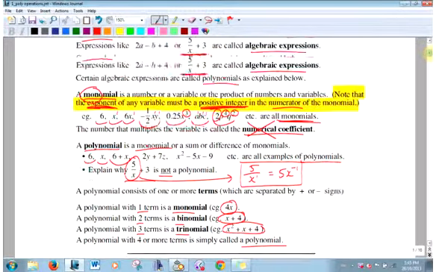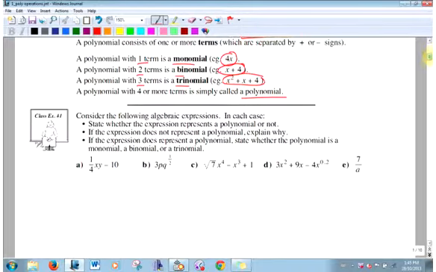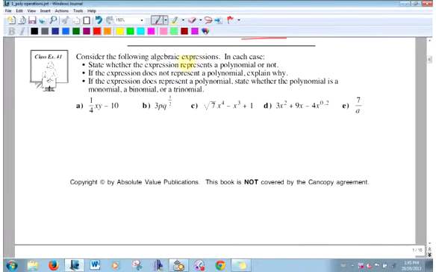Okay? So a bit of definition type stuff. Consider whether these expressions are, we got lots to do here. Pay attention. Okay? Is it a polynomial or not? Is this a polynomial? How do you know if it is or it isn't? If every exponent is positive when it's a numerator. Are these positive? Okay, so yes, it's a polynomial.